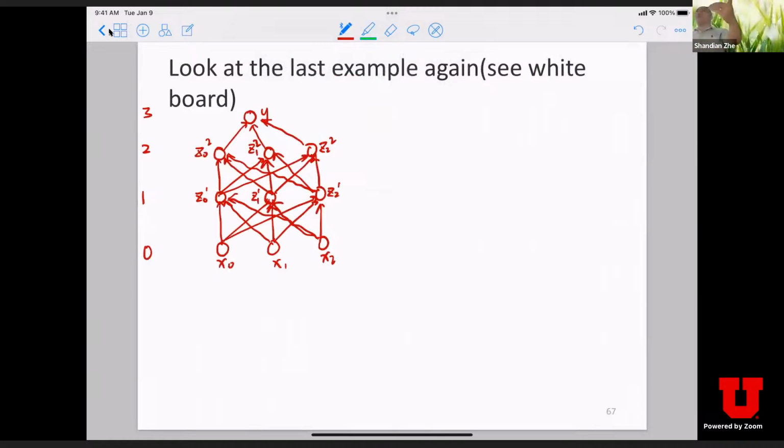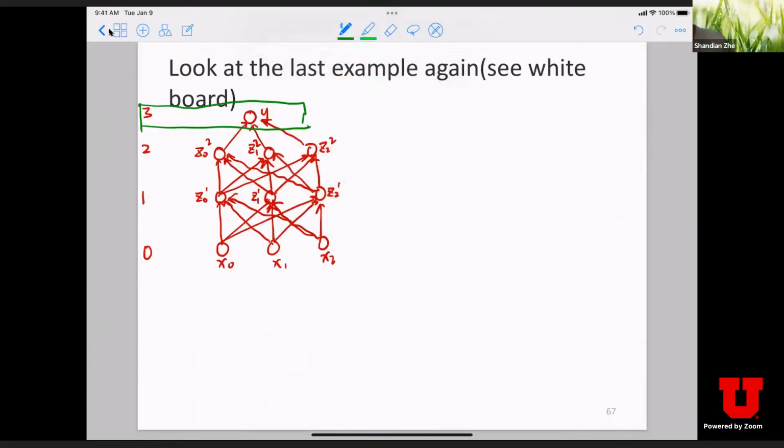So backpropagation, as the name suggested, will start from the output layer. We're going to start from this output layer, that means layer 3. So in each layer, we're going to compute the partial derivatives with respect to all the neurons in that layer, and also with respect to all the weights on edges pointing to the neurons in that layer.